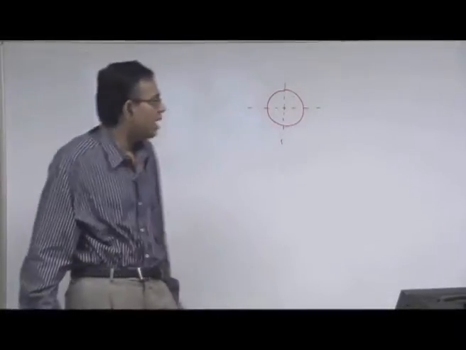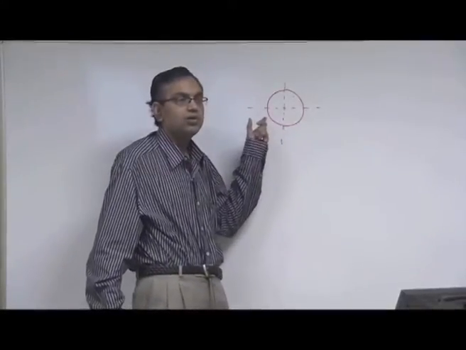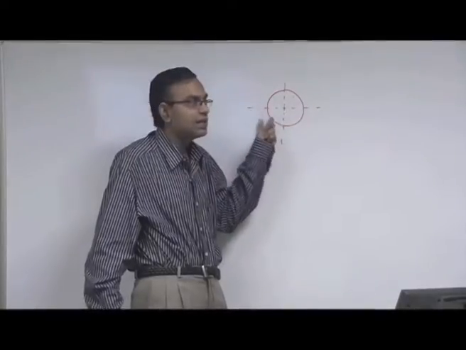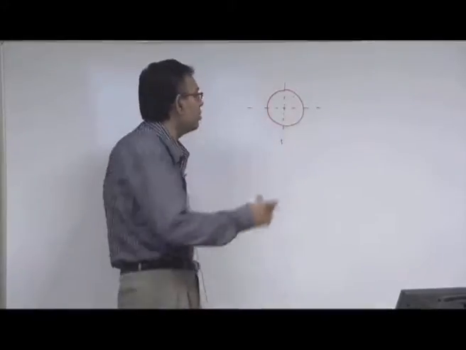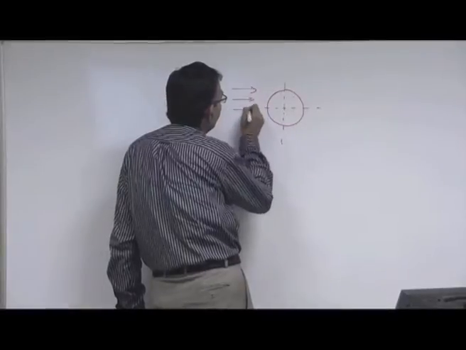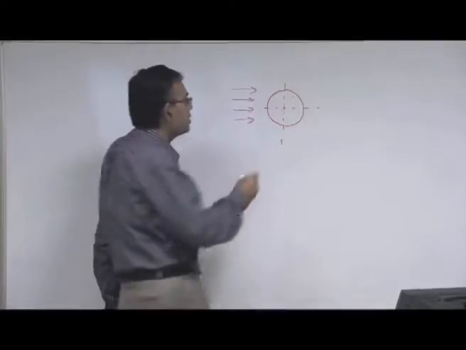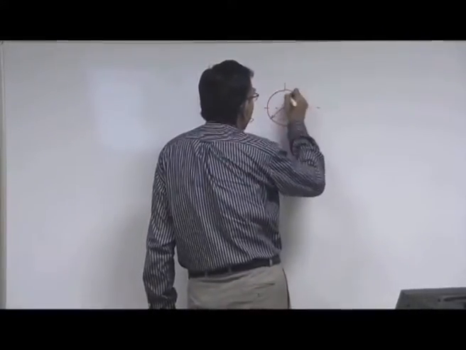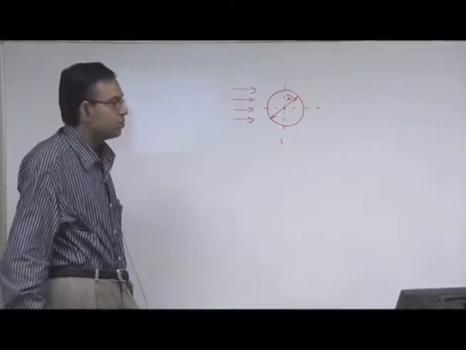The idea of the classical problem is to solve for the velocity profile, the pressure profile, and hence the drag force acting on this spherical object as a low Reynolds number fluid flows past it. The Reynolds number, of course, is classically calculated based on the diameter of the sphere.